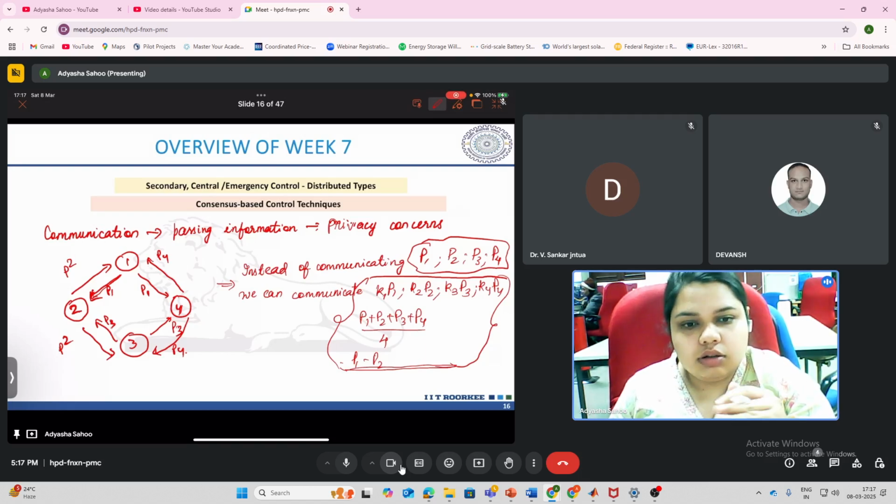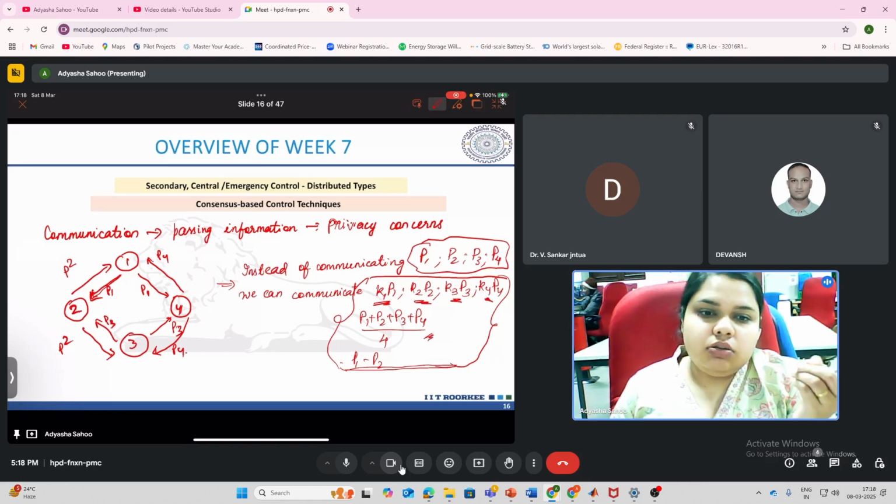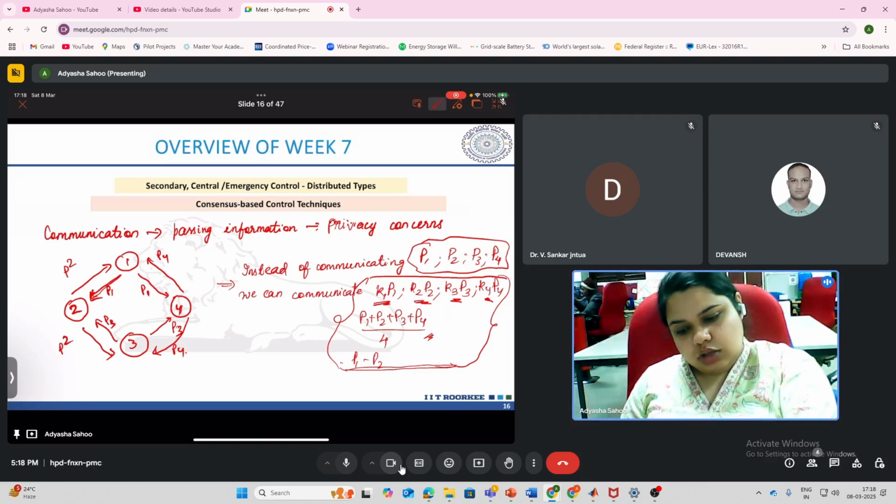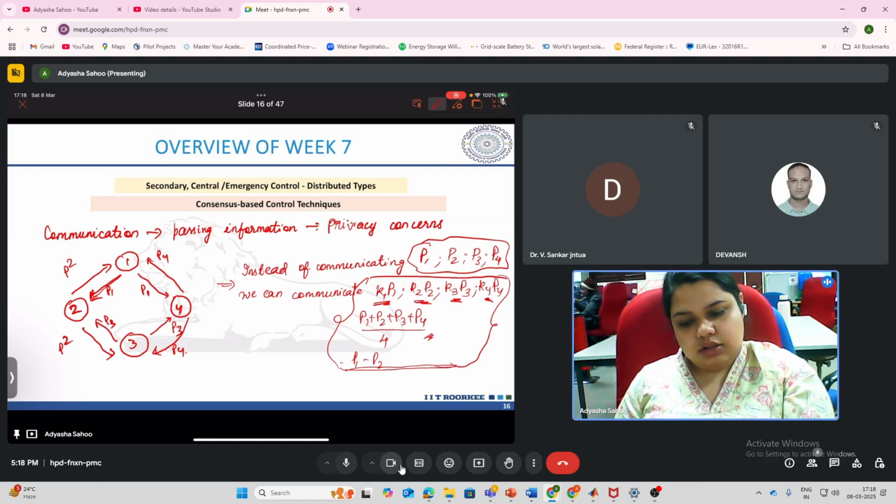You can do some operations on this data for sharing information between the microgrids. But by changing this data, still you need to reach the global target. Your formulation should be in such a way. So that is the consensus-based control technique.